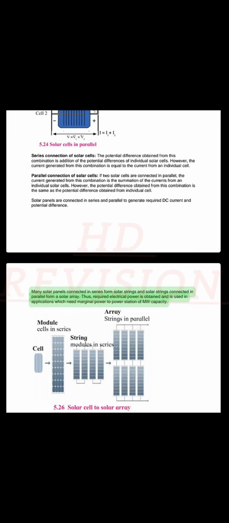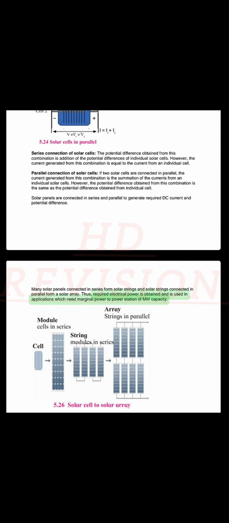Solar panels are connected in series and parallel to generate required DC current and potential difference. Many solar panels connected in series form solar strings, and solar strings connected in parallel form a solar array. Thus, required electrical power is obtained and is used in applications which need marginal power to power stations of MW capacity.